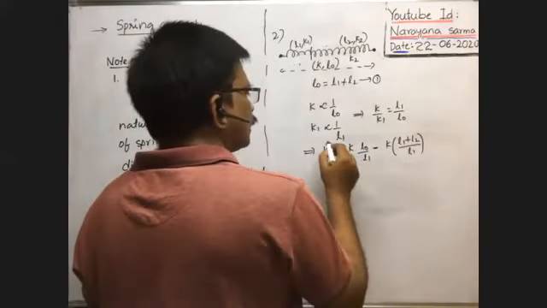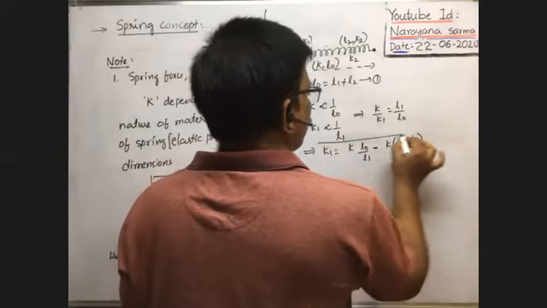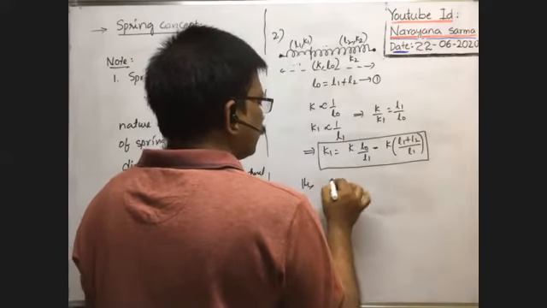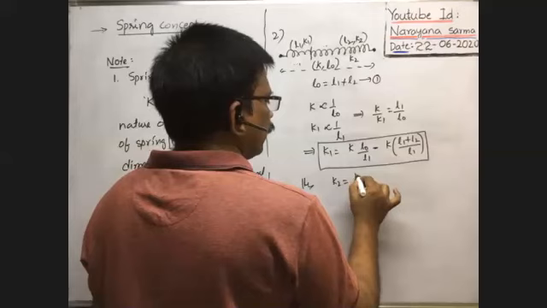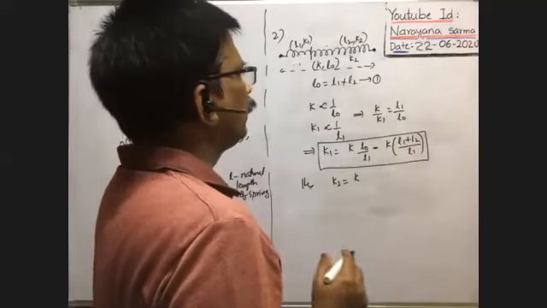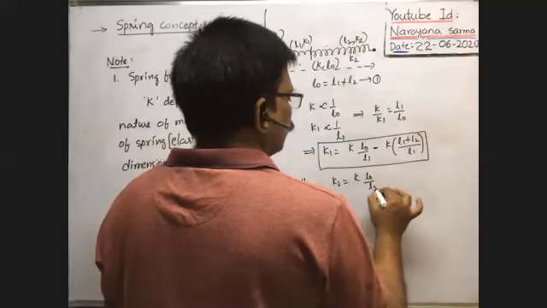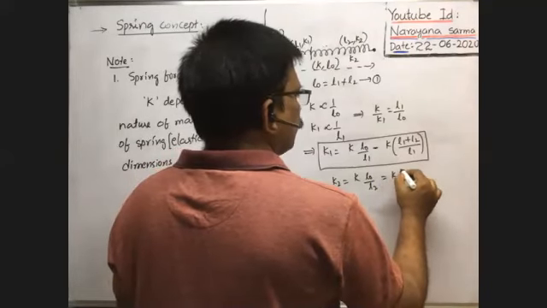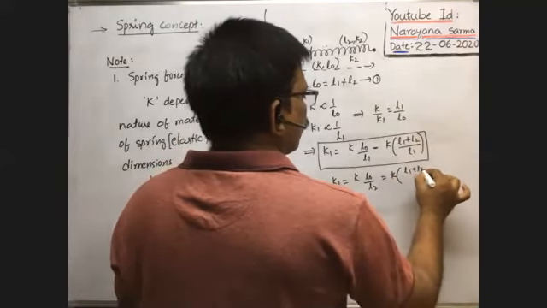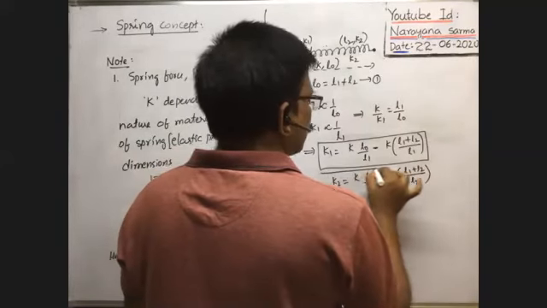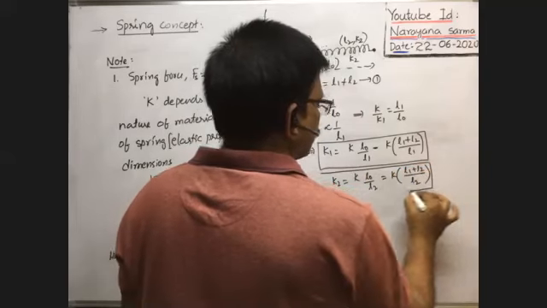This is the formula for the spring constant of the first part. Similarly, K2 is equal to K into L0 by L2, which is K into (L1 plus L2) by L2. This is the formula for the spring constant of the second part.